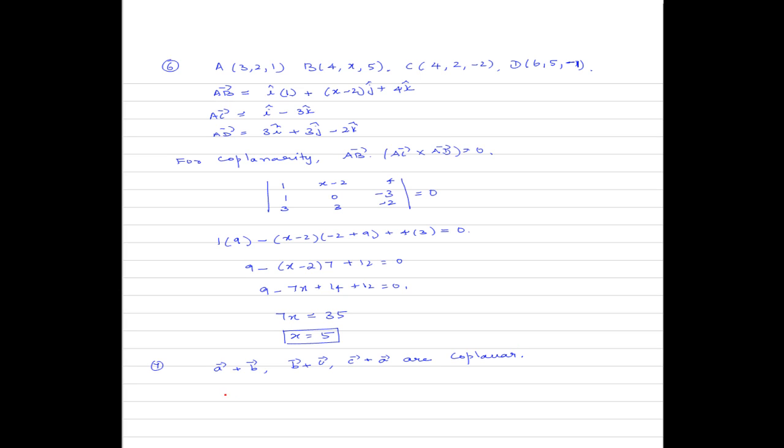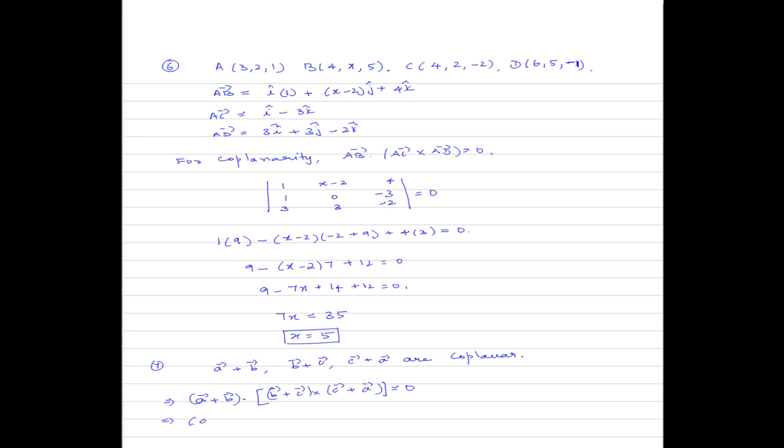Sum number 7. Show that the vectors a vector, b vector, c vector are coplanar if a plus b, b plus c and c plus a are coplanar. So it is given in the problem that a plus b, b plus c and c plus a are coplanar, which gives us that a plus b vector dot b plus c cross c plus a is equal to 0 because of the condition of coplanarity.